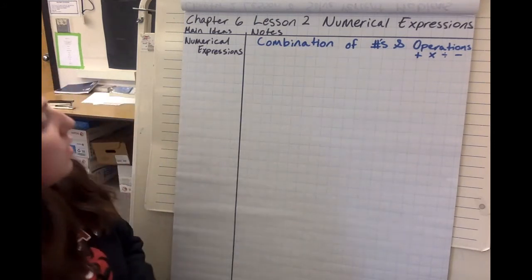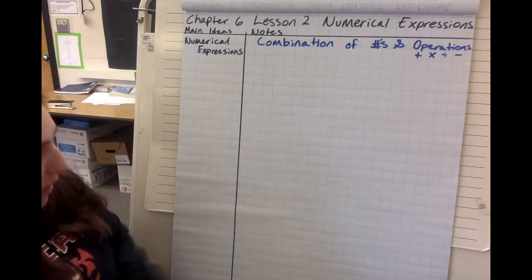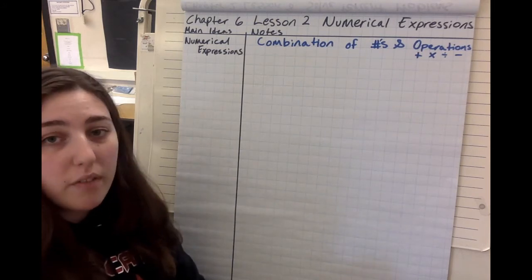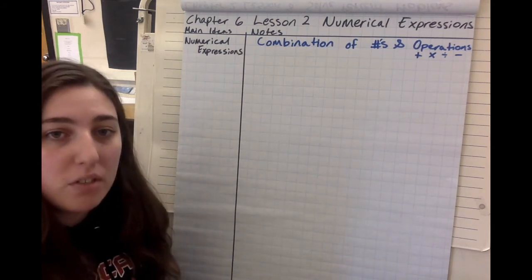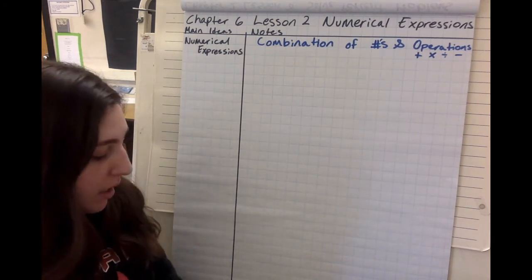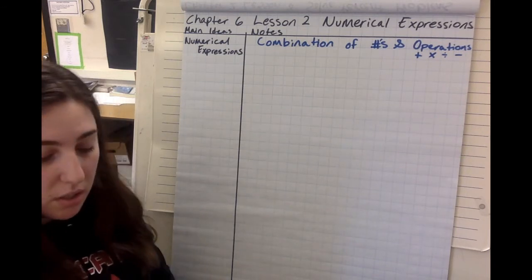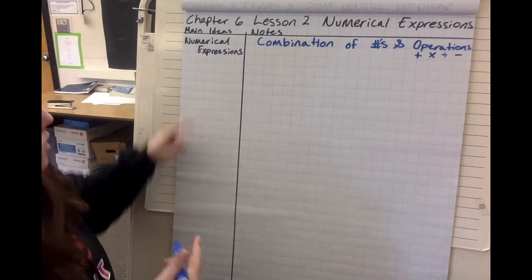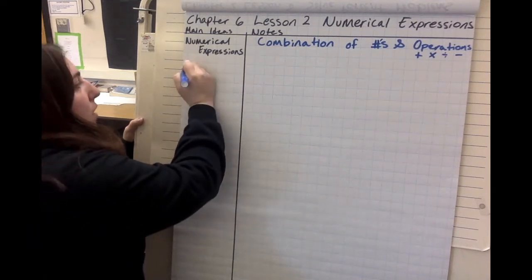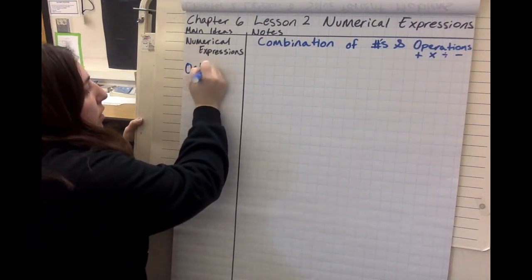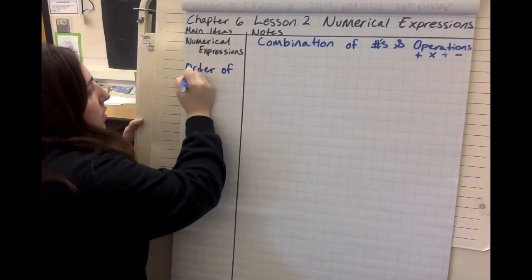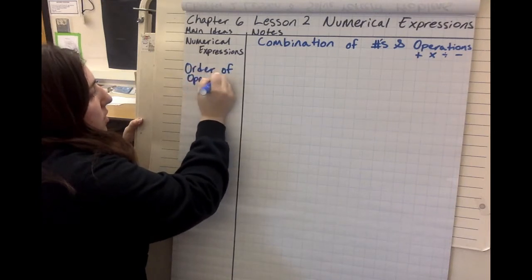The next thing that we really need to discuss is order of operations. Order of operations is really important in simplifying expressions. On your main ideas side, go ahead and write order of operations.